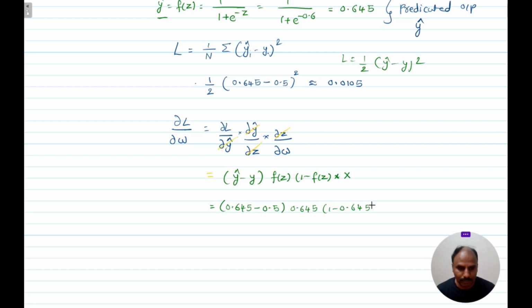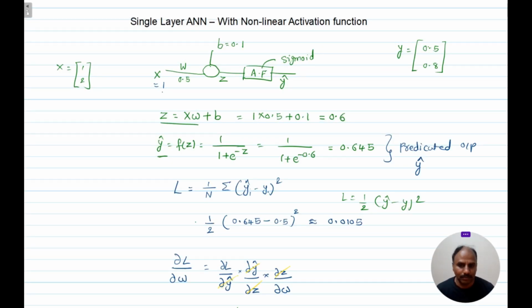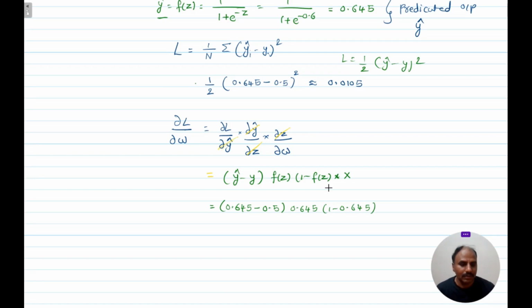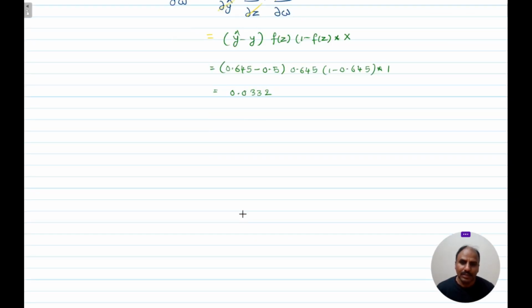And what is x? We know that x is 1, right? So x is multiplied with 1. So this answer I am directly writing, 0.0332. This is ∂L/∂W.